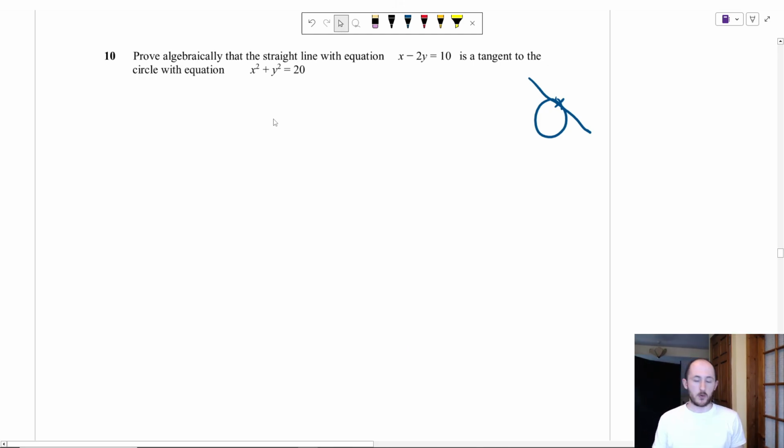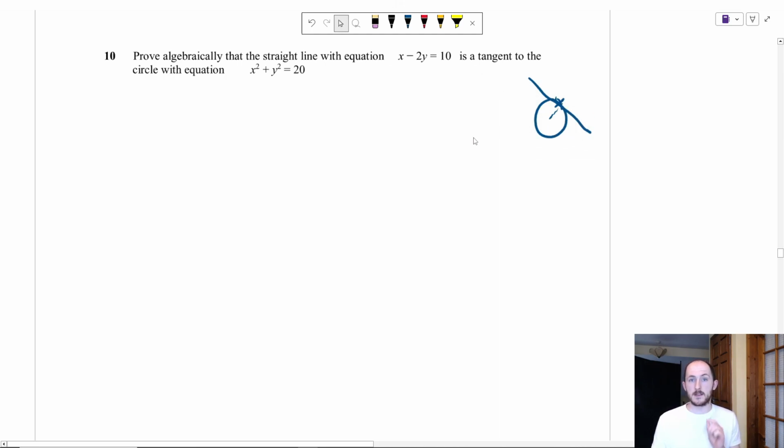Yeah. Okay, so all of you are thinking perpendicular. That's good, right? Because when you're working out the equation of a tangent, you're going to use the fact that it's perpendicular to the radius. But if you look here, we need to prove that this equation is a tangent to this equation. A tangent only touches the circle in one place.